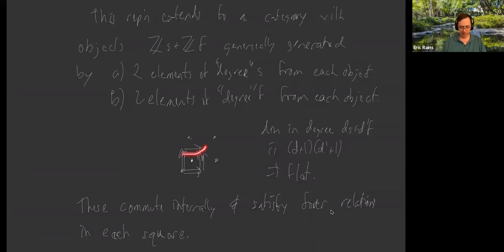The relation is that the elements of the degree 4 line bundle you get by multiplying this section with this section are the same as the elements you get by multiplying this way. So you just identify them if they give the same element of your degree 4 line bundle.